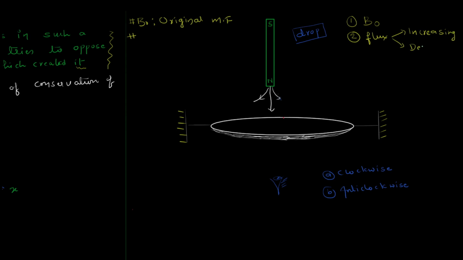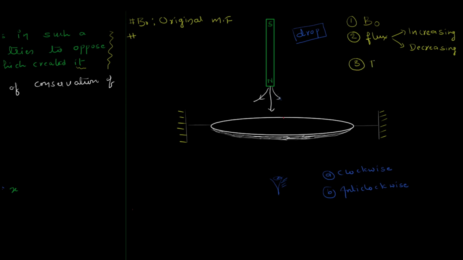Identifying that is the second step, which will again be very simple. These first 2 steps are very simple. The third is also simple, but this is where the actual Lenz's law kicks in.